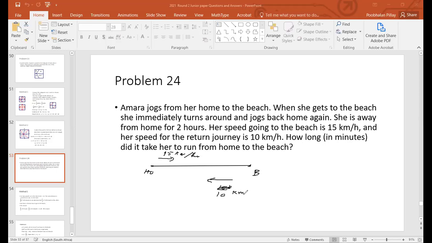She's on the last lap now. She's tired, so her average speed has dwindled down to 10 kilometers per hour on the return journey. And altogether, it takes her 2 hours. How long in minutes did it take her to run from home to the beach?